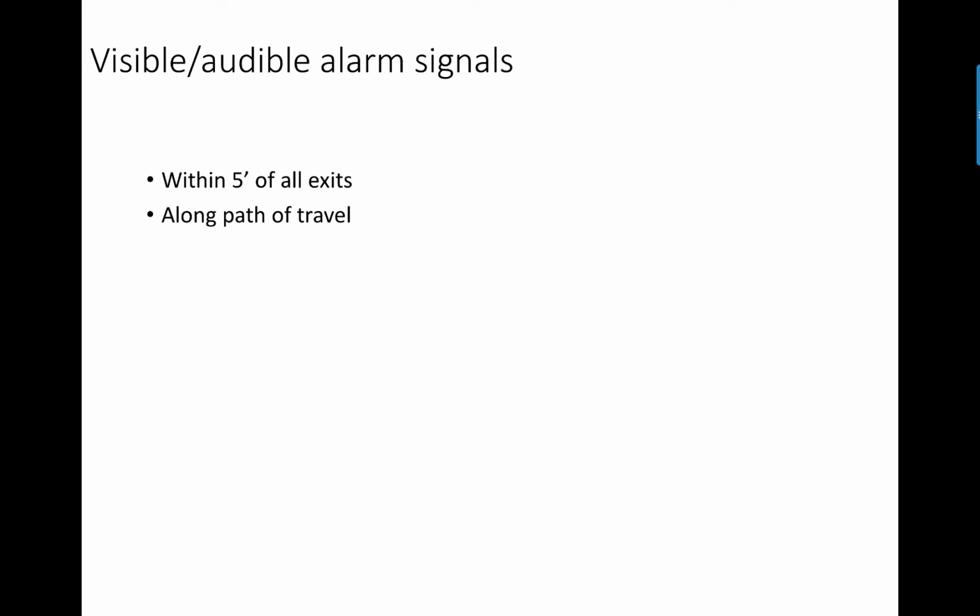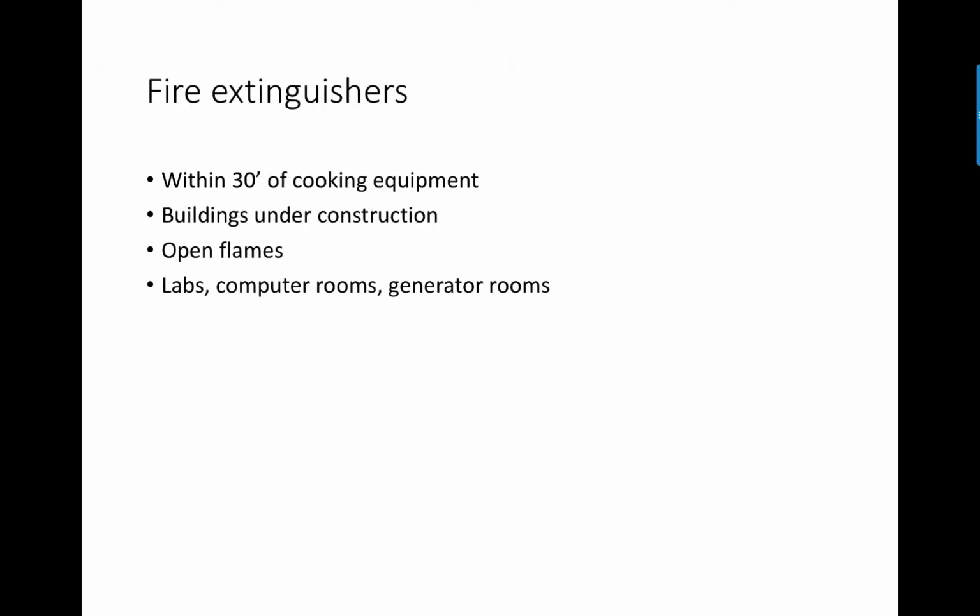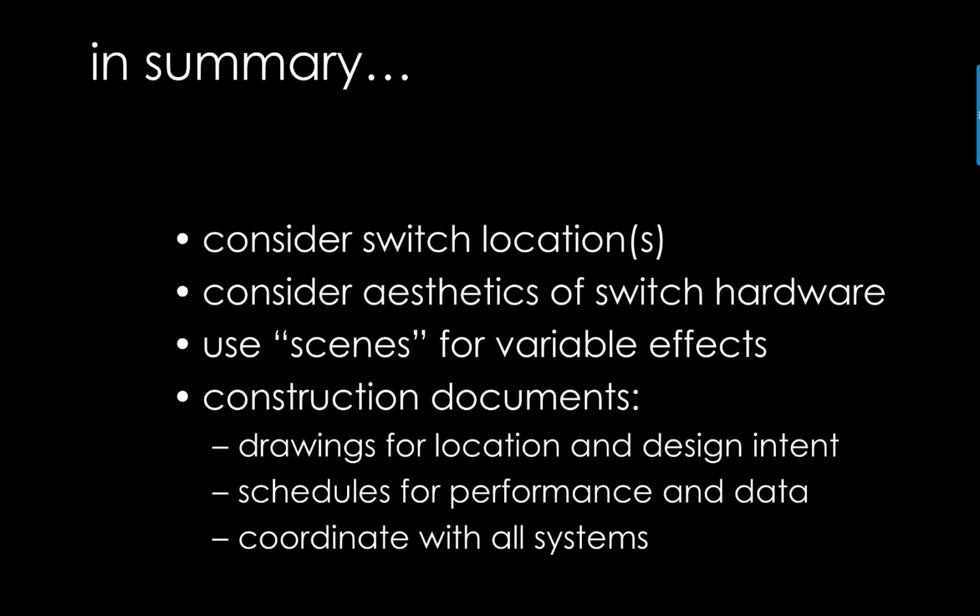Same with the visible and audible alarm signals within 5 feet of all exits, along the path of travel. And fire extinguishers. Again, not required everywhere, but you do need them. In fact, I do believe you need them in computer rooms, and I'm not sure we have them in our labs.